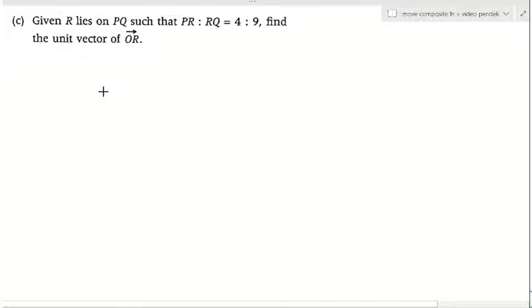Right now, PQ is a vector in a straight line, and R lies on straight line PQ, so we draw PQ.